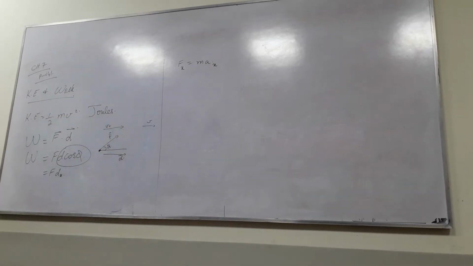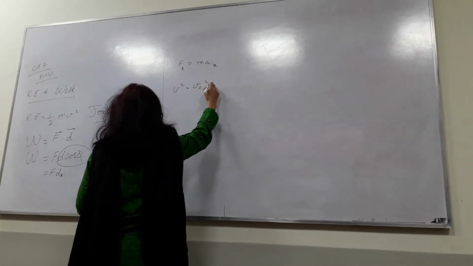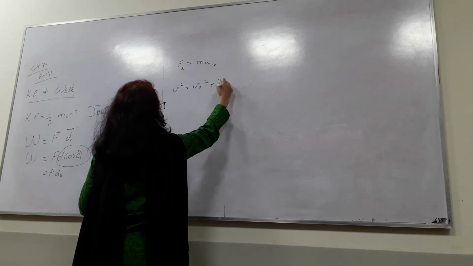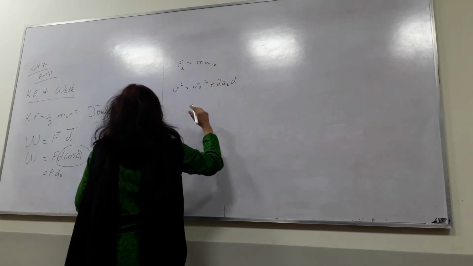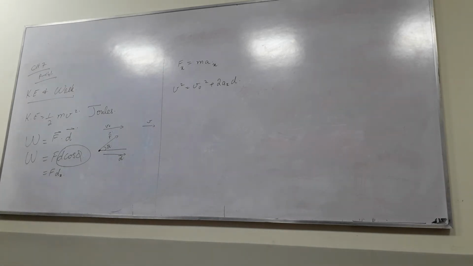Okay, when we talk about this, then we can also write this in terms of the equation of motion, which is the final velocity squared is equal to the initial velocity squared plus 2 into the acceleration. Now we are taking the acceleration along the x-axis because we assumed that the motion is along the x-axis.